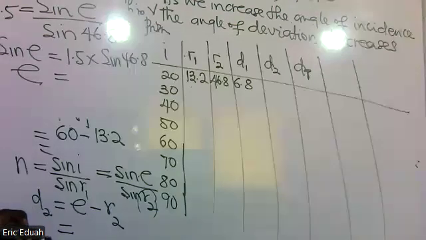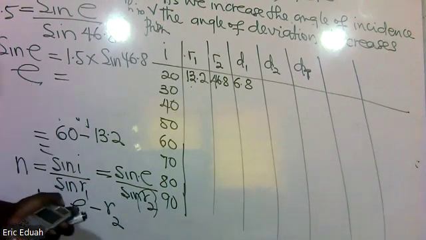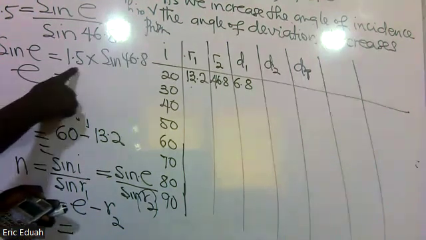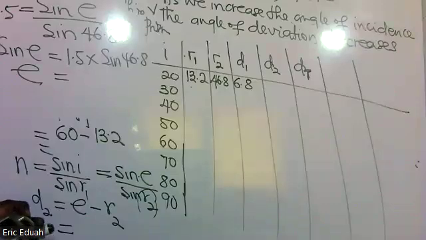Sine 46.8 is equal to 0.7289, blah, blah, blah, right? This times 1.5.